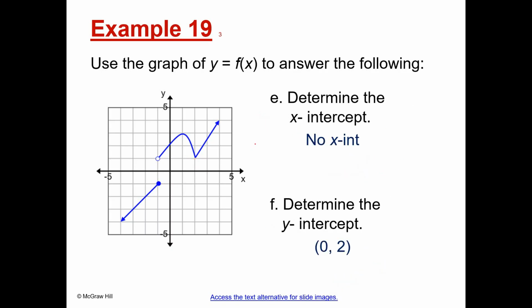Determine the x-intercept. The x-intercept is the point where the function intersects with the x-axis. If you look at this function, this curve doesn't intersect with the x-axis at all. You don't see an intersection between this curve and the x-axis, so we don't have an x-intercept.